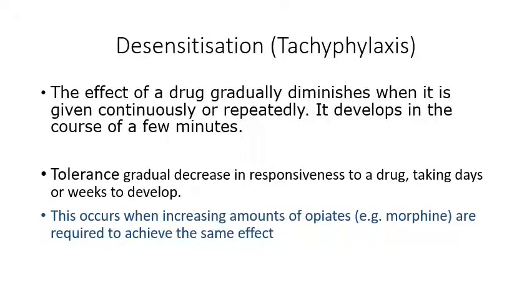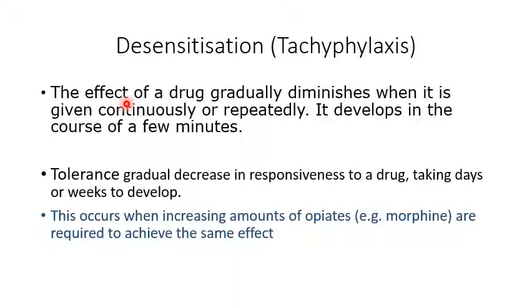Desensitization or tachyphylaxis is another term in pharmacology in which the effect of a drug gradually diminishes or decreases when it is given continuously or repeatedly. It develops in the course of a few minutes. So the desensitization or tachyphylaxis occurs usually within a few minutes.